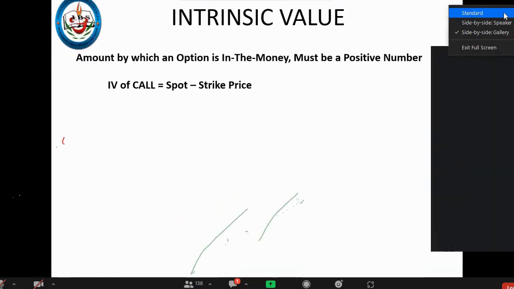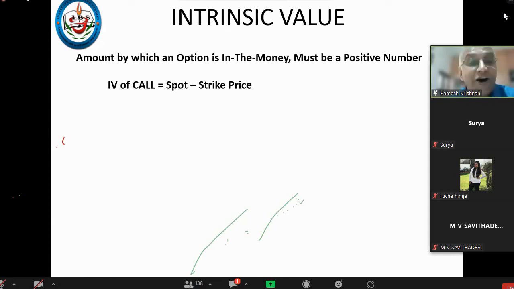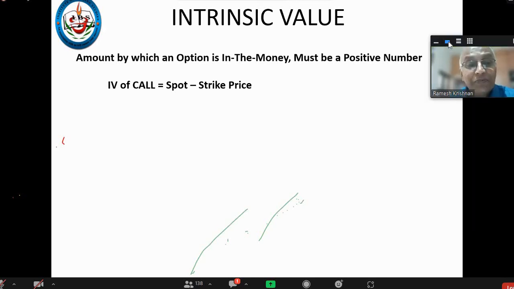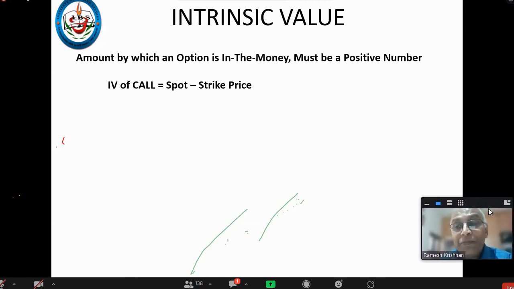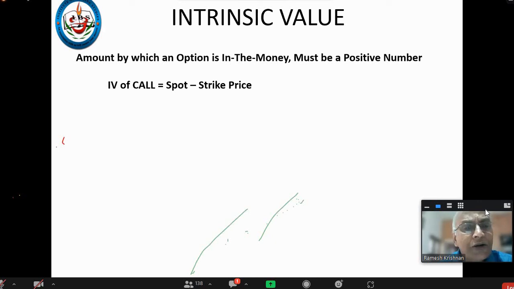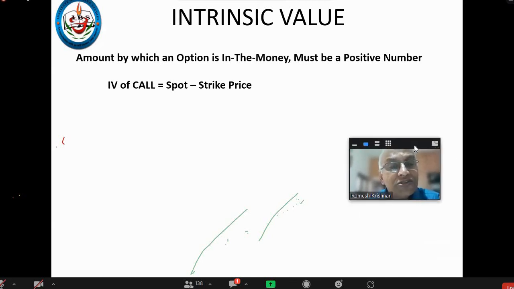Only when spot is higher than the strike price will you exercise.